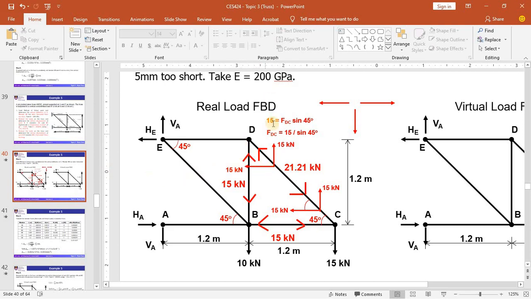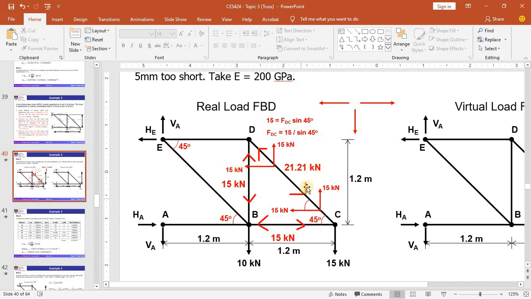Only two terms in the horizontal direction. To balance this 15 kilonewton to the left, you need to apply 15 kilonewton opposite to this horizontal component.